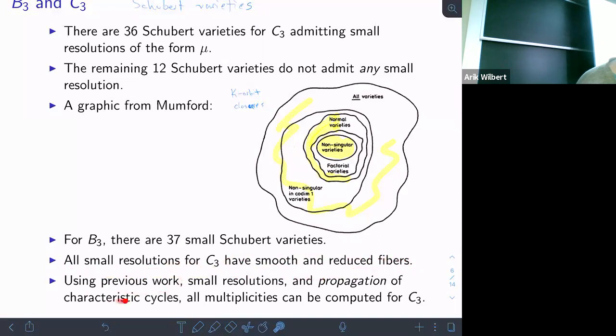And then also using previous work, probably in Bowen Fu's work, but I was using my advisor's work because I was more familiar with that paper. Using previous work, you can find some characteristic cycles, some multiplicities in here, using the small resolutions, and then a trick of McGovern that propagates different multiplicities around for the Schubert varieties. Actually, I was able to compute all of the multiplicities of characteristic cycles for this file here.